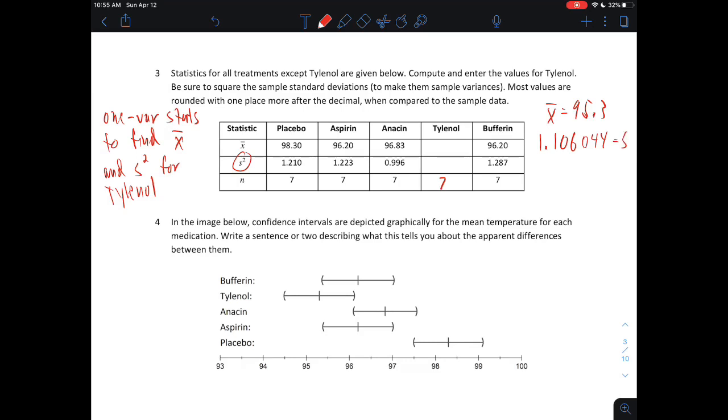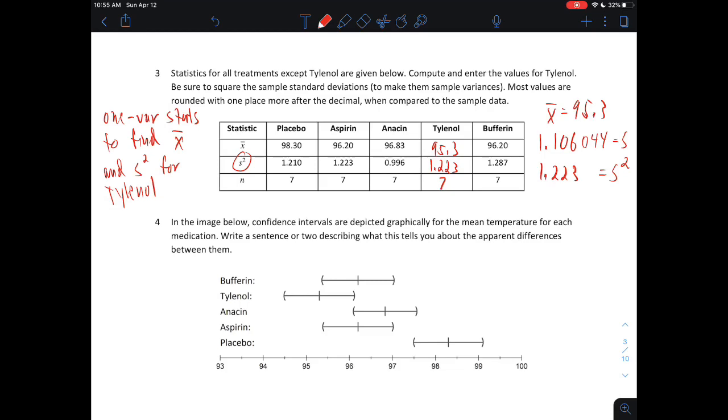And so then my sample variance would be taking that number and squaring it. 1.106044 squared gives me 1.223. So I entered those into my column, the mean 95.3 and the sample variance for Tylenol 1.223.